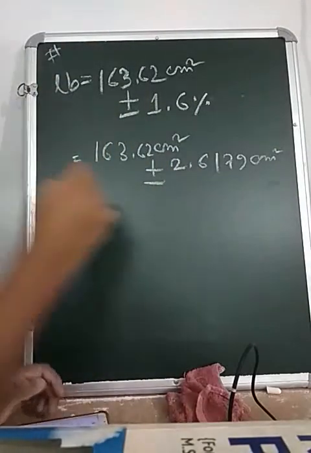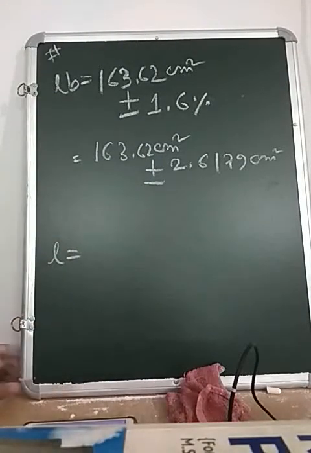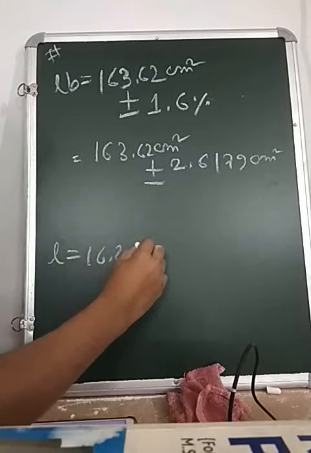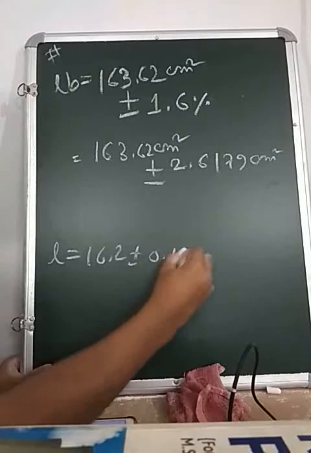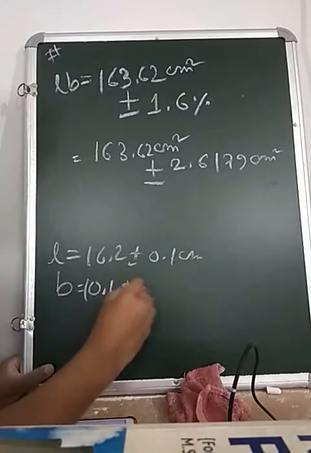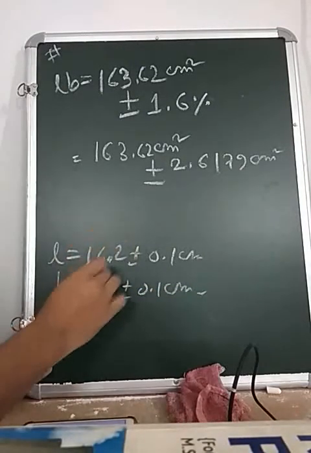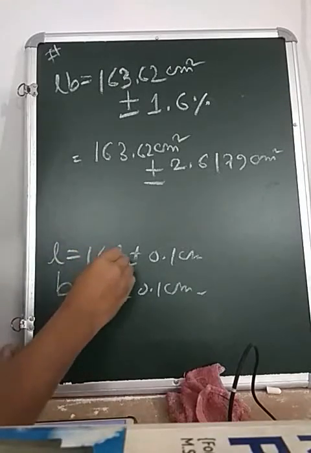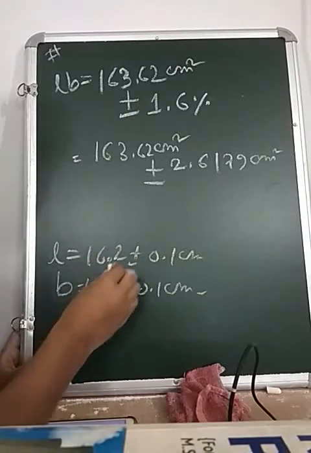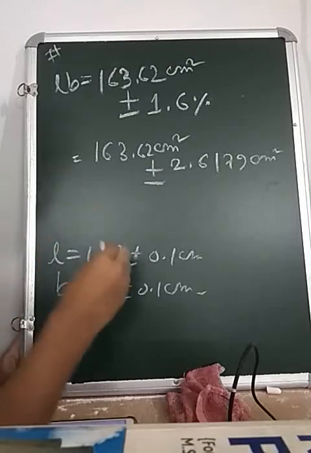Now, what was provided: L is equal to 16.2 plus minus 0.1 centimeter and B is equal to 10.1 plus minus 0.1 centimeter. What we do is multiply these two terms. After multiplication we have to follow the rule for rounding off.